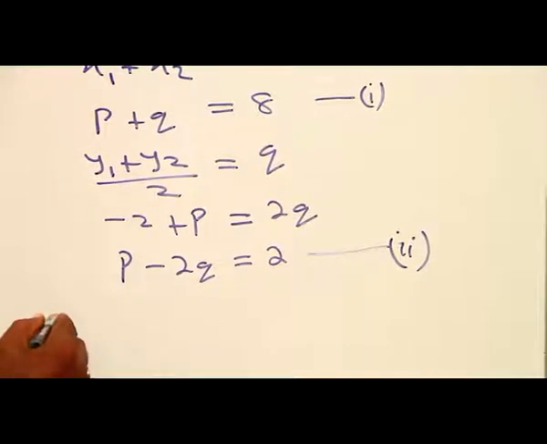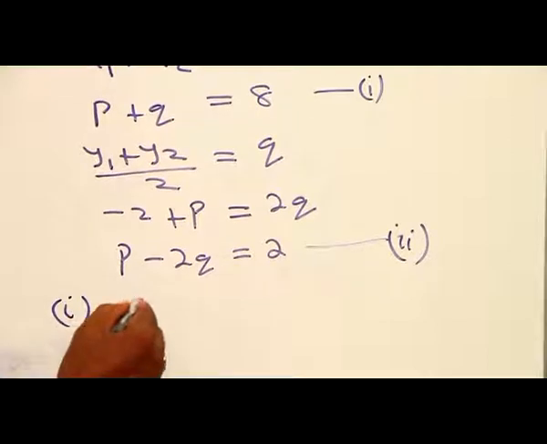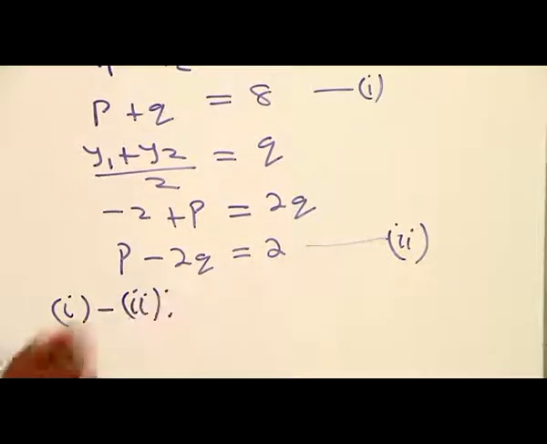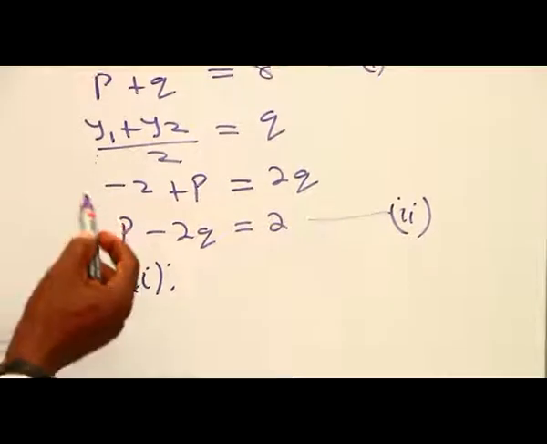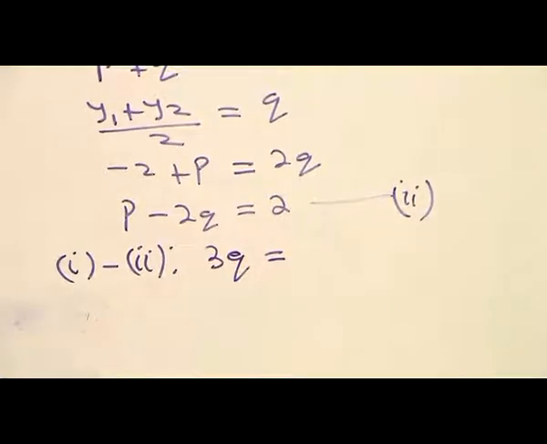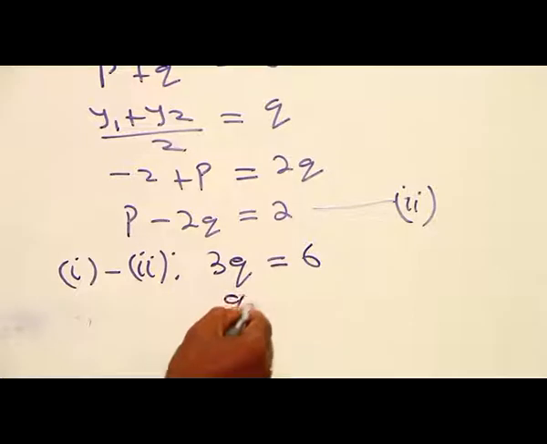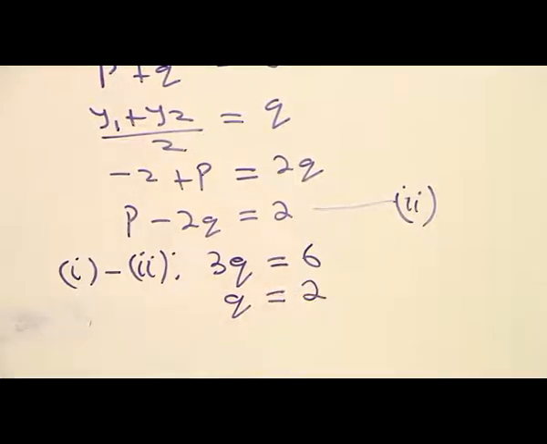So subtract the equations. So we have equation 1 minus equation 2. P minus P is 0. Q minus (minus 2Q) will give you 3Q. And then 8 minus 2 will give you 6. Therefore, your Q is equal to 2.